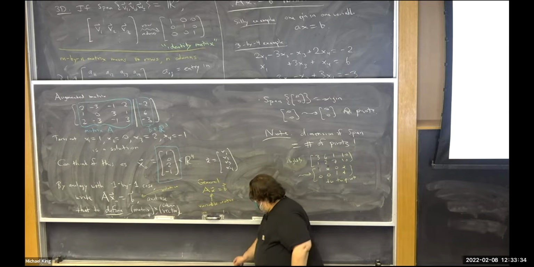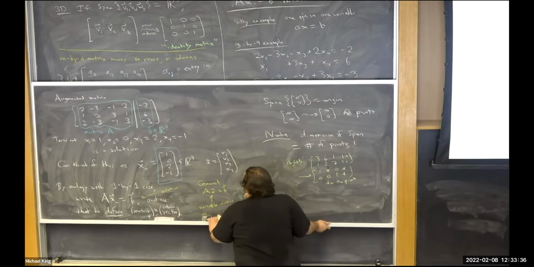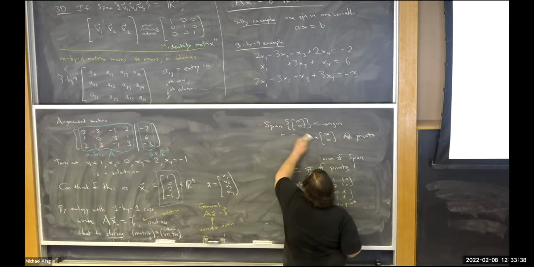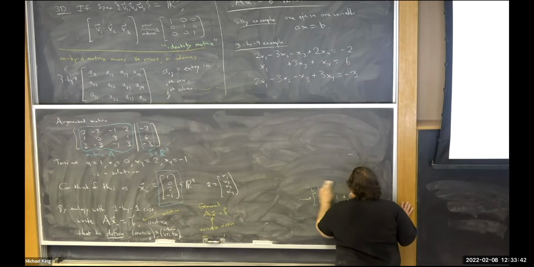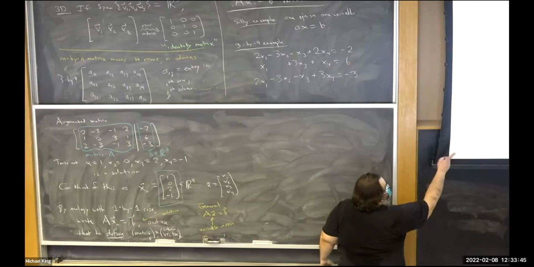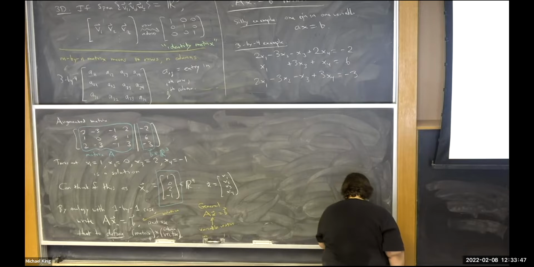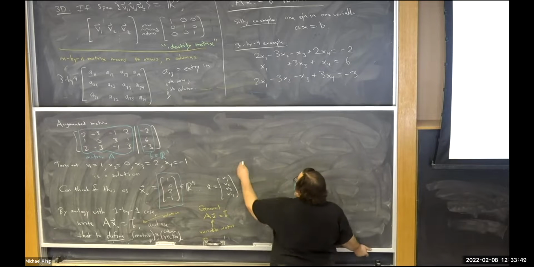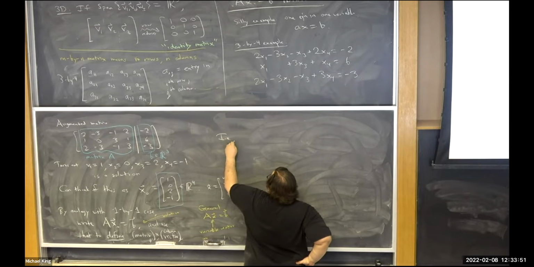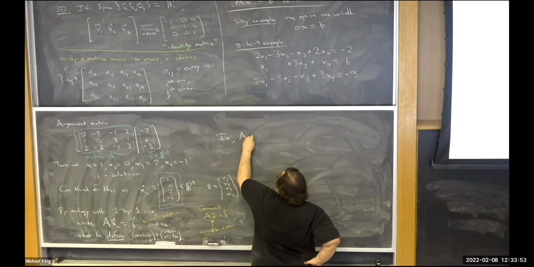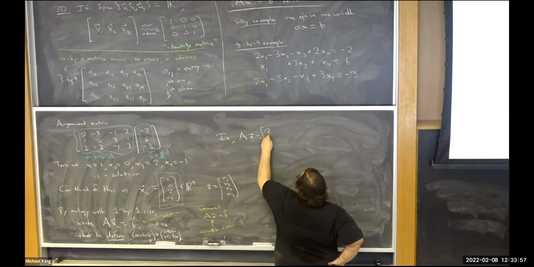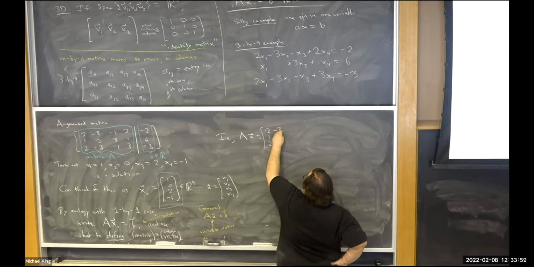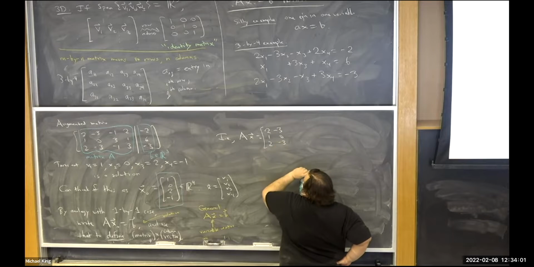Okay. And so, if we write this out, I'm just going to write out what we have there, i.e. A times x is this matrix. First column 2, 1, 2, second column -3, 0, -3.